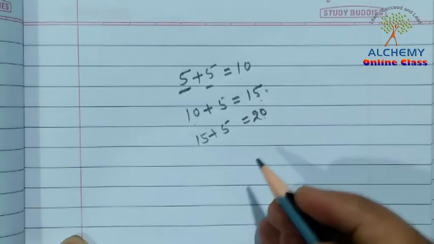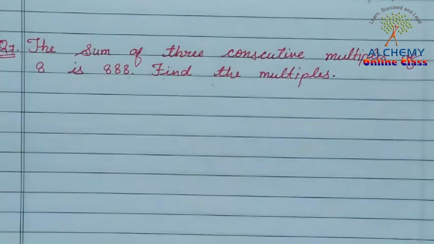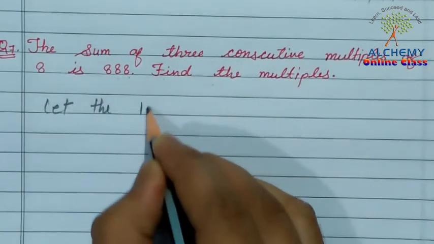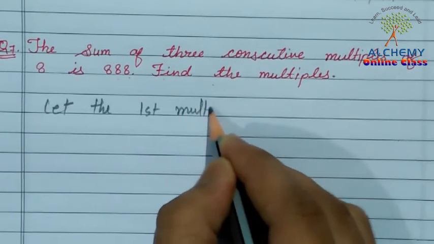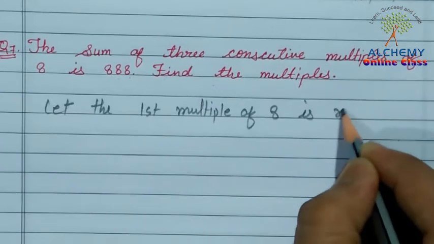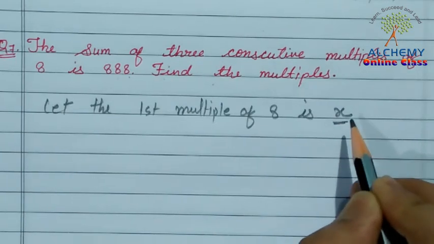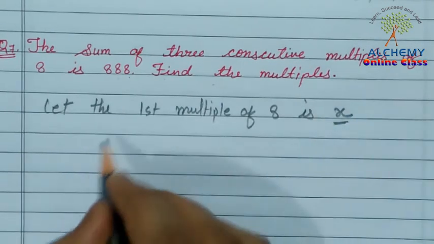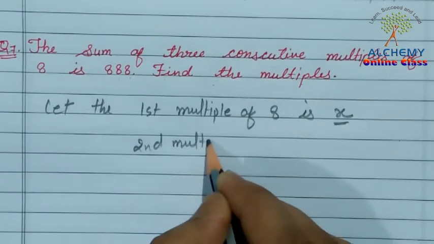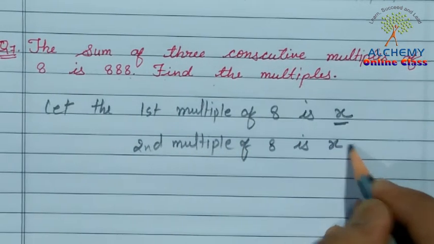We are finding the multiples of 8. So let's see, the first multiple of 8 we can take as x. When we add 8 to x, we get the next multiple of 8. So the second multiple of 8 is x plus 8.